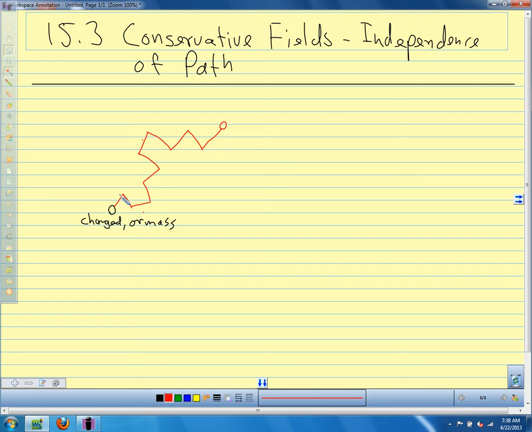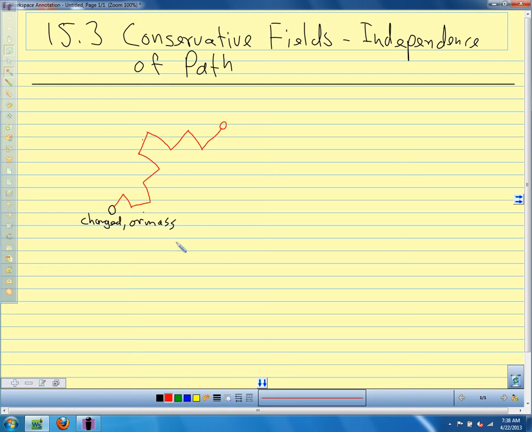So this particle moves on this path where we go directly away from the center of the charge or the mass, and then along a circular path, then directly away from the center, then along a circular path. The only portions where the field has done any work on the particle is when it's moving directly away.